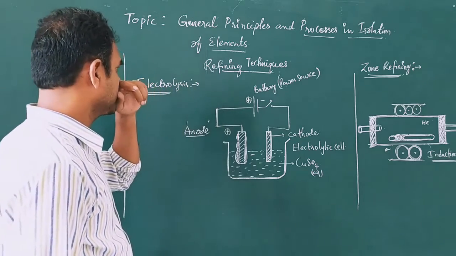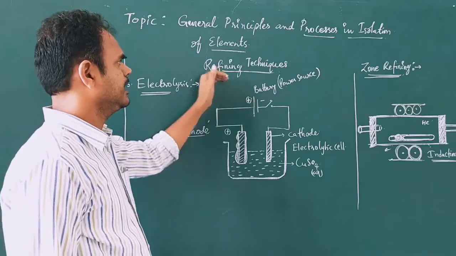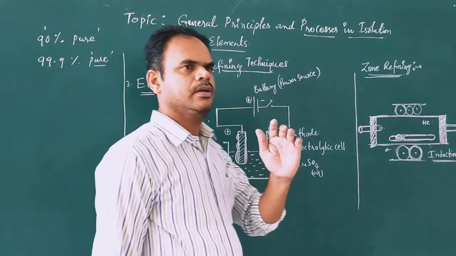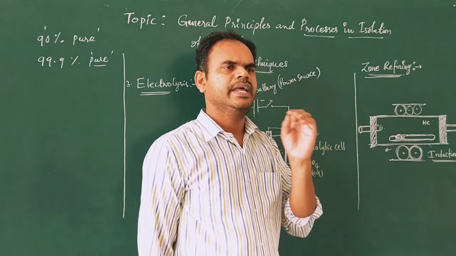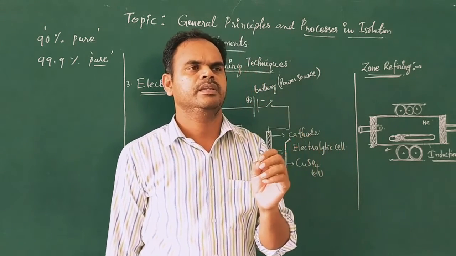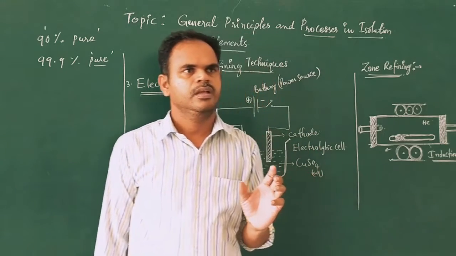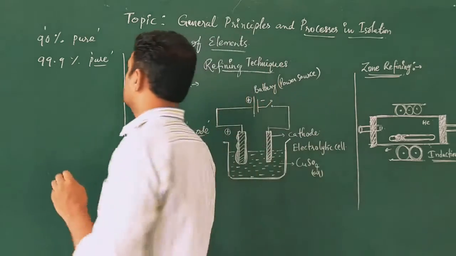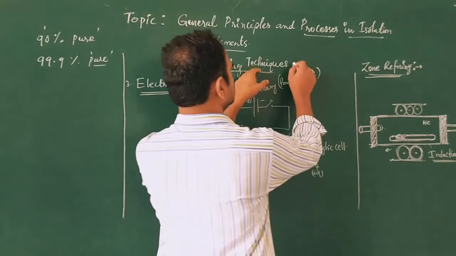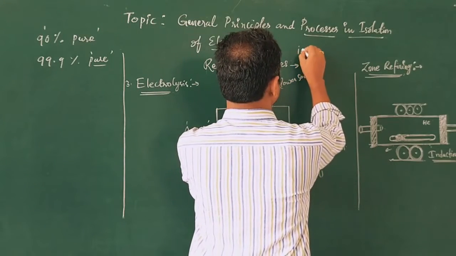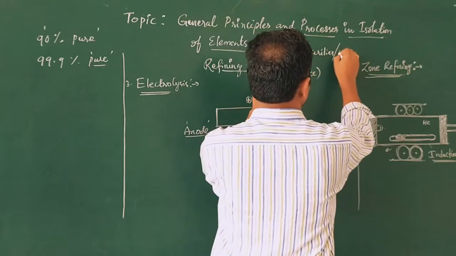So what are the refining techniques? These refining techniques help us get pure metal, 100% pure or 99.9% pure, without impurities. How do we remove the impurities? By using these refining techniques, to remove the impurities that are present along with the metal.